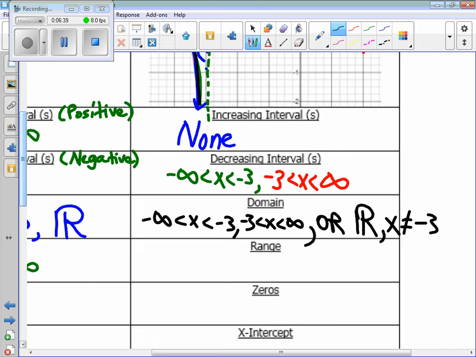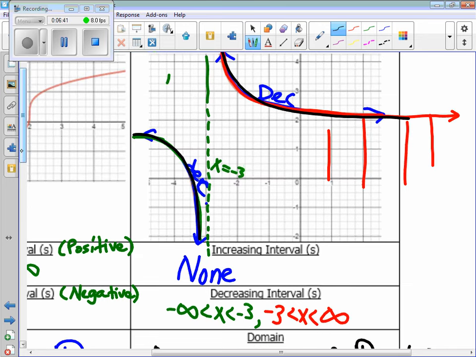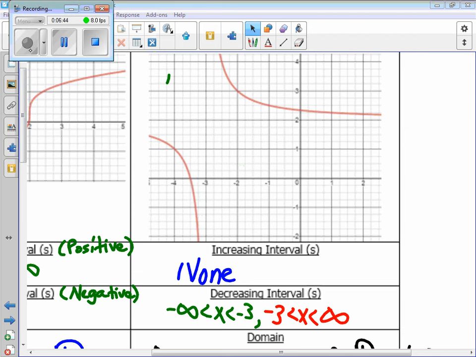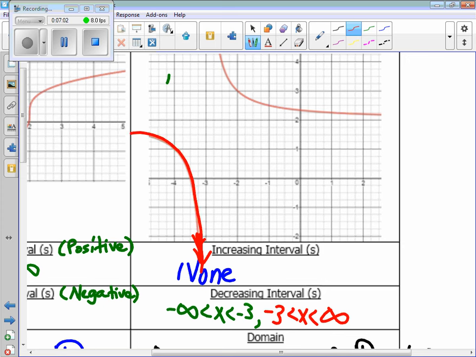Range. Let's erase this. Range is talking lowest y value, so I look at the bottom of the graph, and I look at the lowest possible y value. This part of the graph is going down. As I'm reading it, it's coming up to somewhere. The curve on a rational function, there's always a horizontal asymptote.